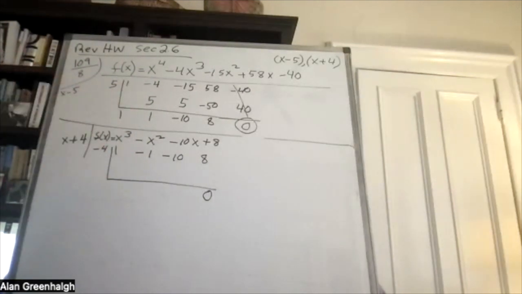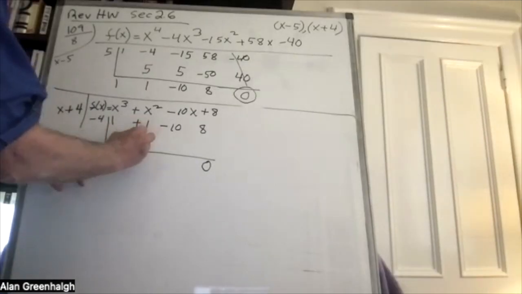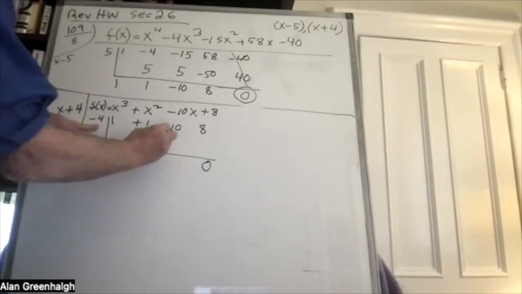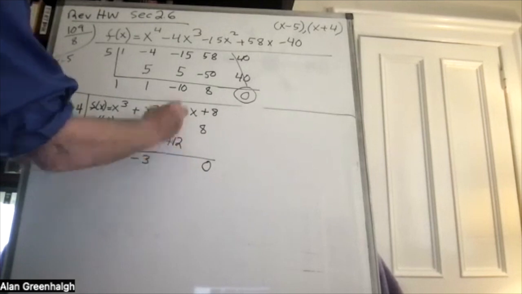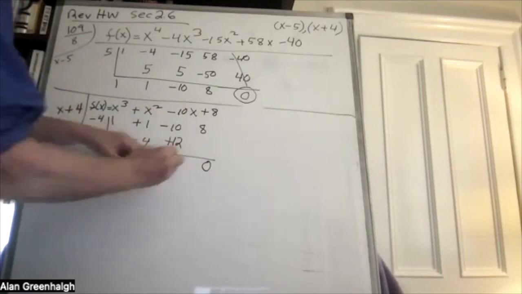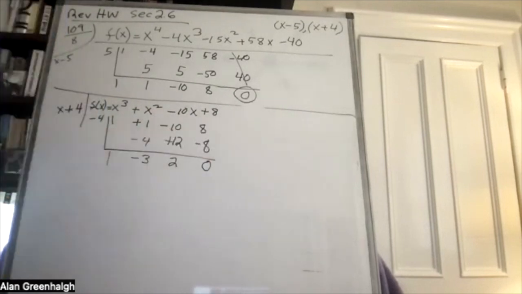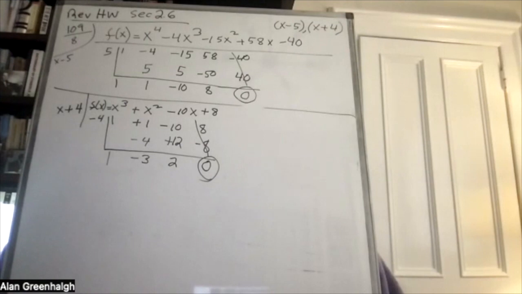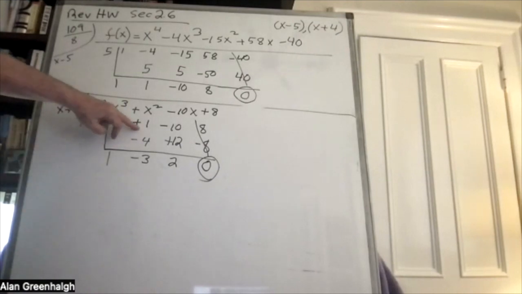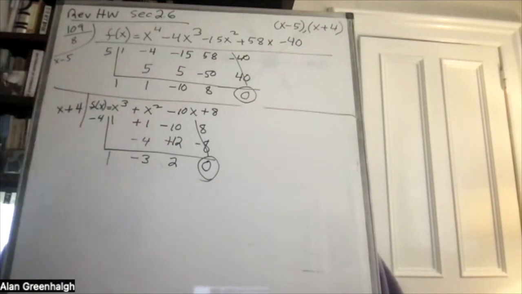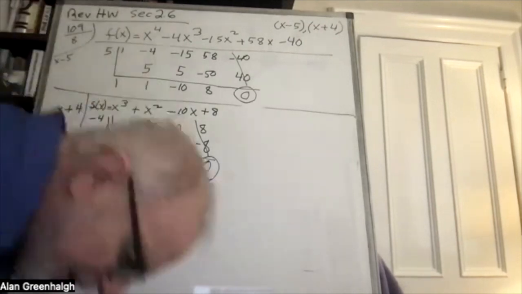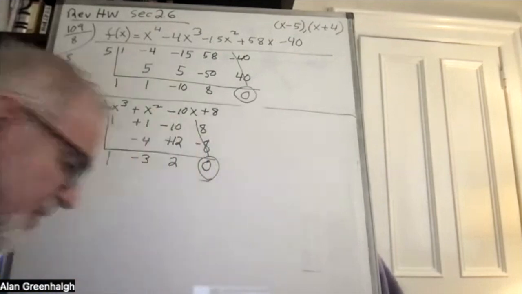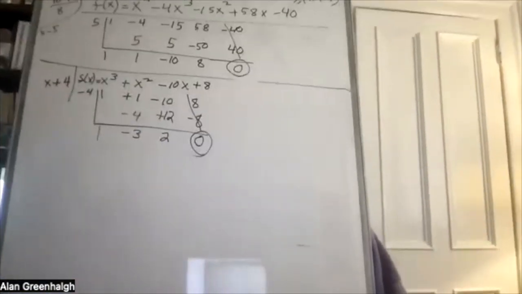Oh, thank you. 1, -3, -10, 4, -3, +12, 2, -8, 0. Perfect, right? Yeah, excellent. Now, if I had made that -1, I would have said, uh-oh, what's going on here? So I thank you. Good.